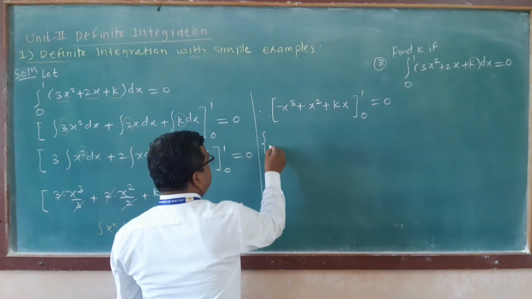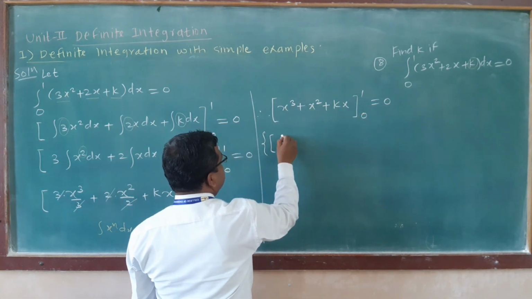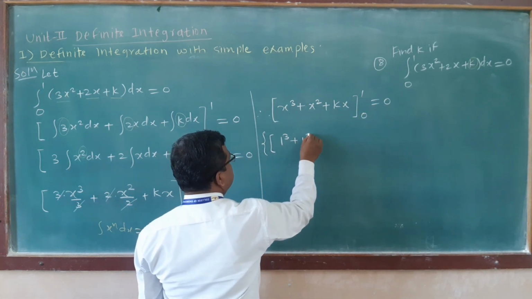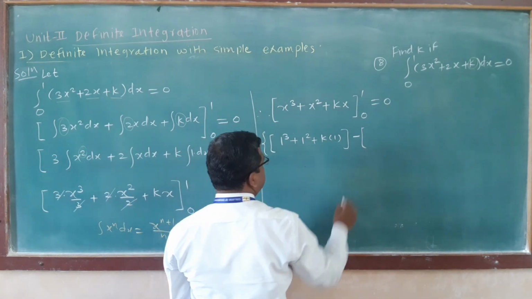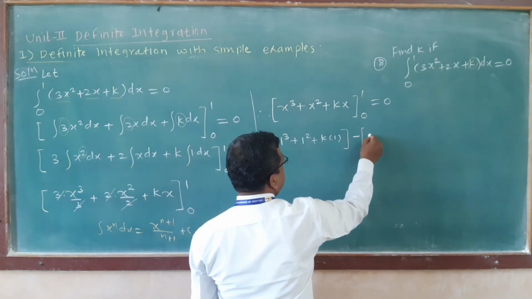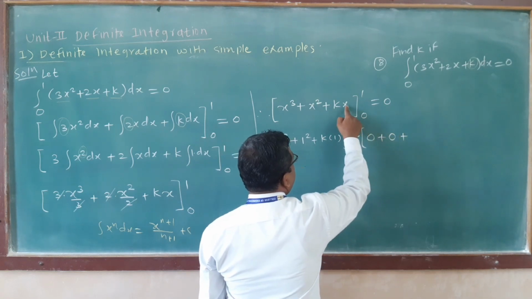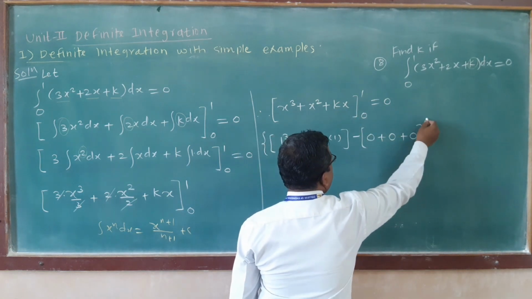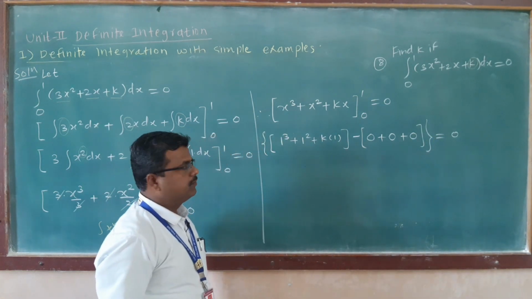Now put limits, upper limit put x equal to 1, that will be 1 cube plus 1 square plus k into 1 minus, if we put x 0 here, x cube is 0 plus x square 0 square is 0, k into 0, that will be 0, is equal to right hand side which is 0.